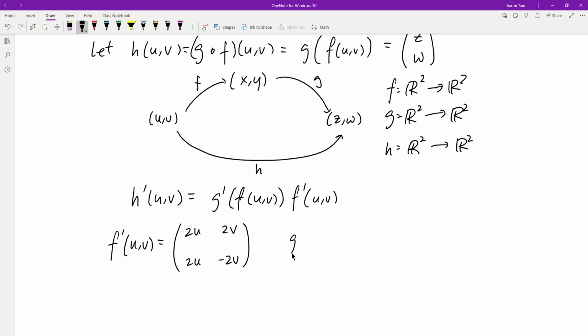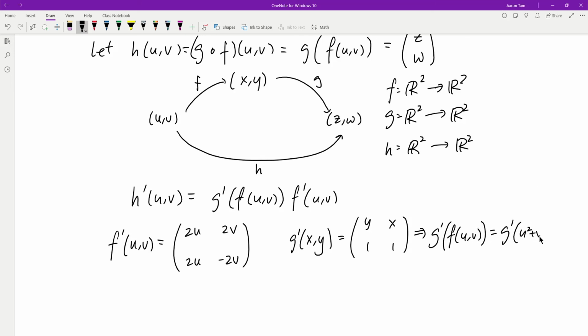We can definitely do g prime too. Well, g prime is of xy. So a little different. g prime of xy would actually be, let's see, y, x, and then 1, 1. So that's easy. But remember, we do need g prime of f of uv. So what would that be? g prime of f of uv would mean g prime of u squared plus v squared and u squared minus v squared.